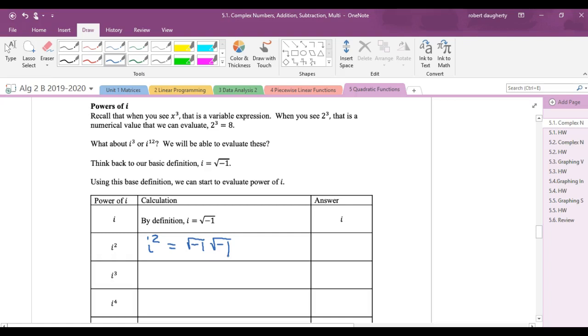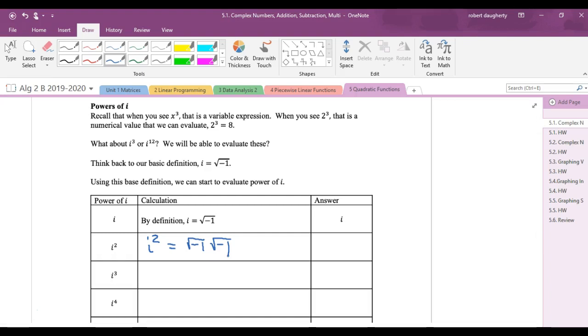That's just i times i. Okay. What happens when you take the square root of a number times the square root of that same number? The square root of 5 times the square root of 5 is 5. Square root of 7 times the square root of 7 is 7. So the square root of negative 1 times the square root of negative 1 should be what? Negative 1.